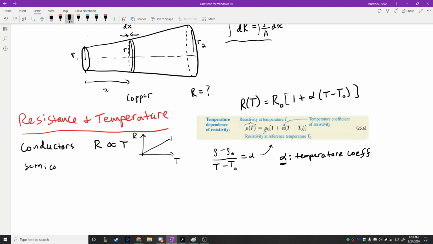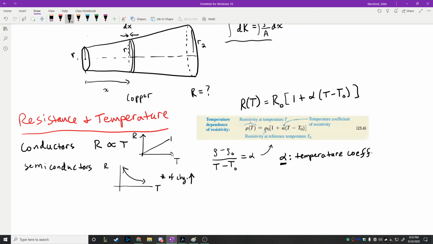So you saw the picture, but I can redraw it right here so it's in the notes. For semiconductors, it's not exactly an inverse relationship, but it's something kind of like this: as it heats up, the resistance falls because the number of charge carriers goes up.